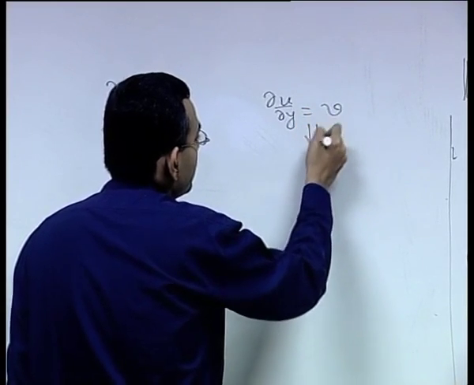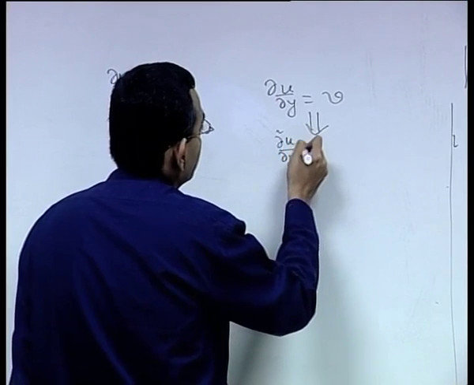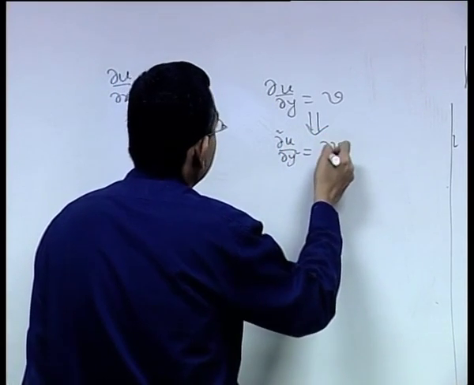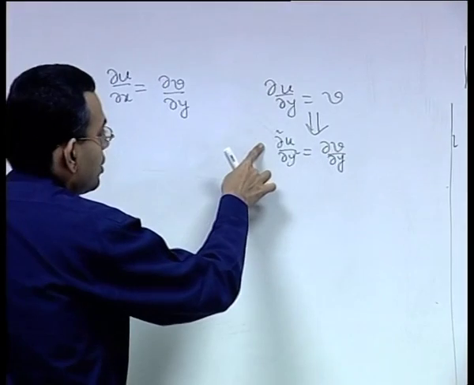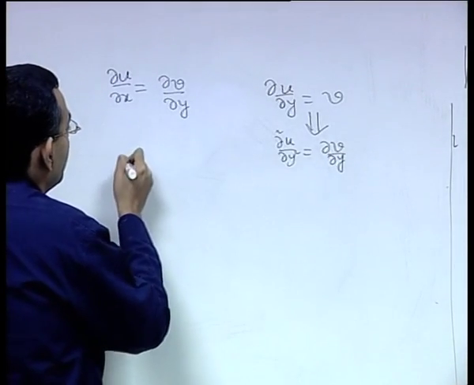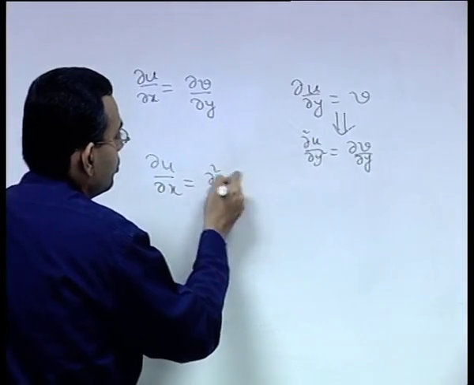So, if you differentiate this with respect to y, now if you equate the first equation with the final one that we obtained, you will get del u del x is equal to del 2u del y2.